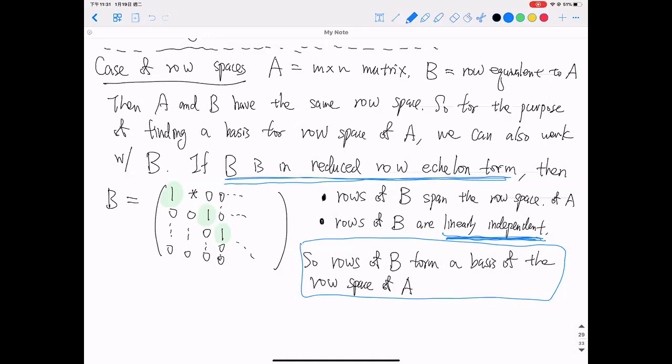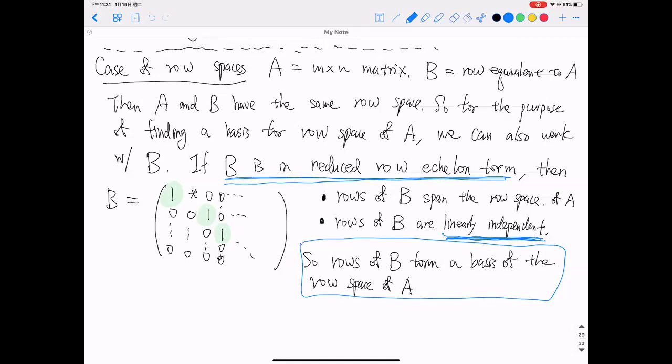Okay, very good. So we can try to use this. This is convenient because every time we have a bunch of vectors, if we put them into rows of a matrix, then I can use row operations to get to reduced echelon form.